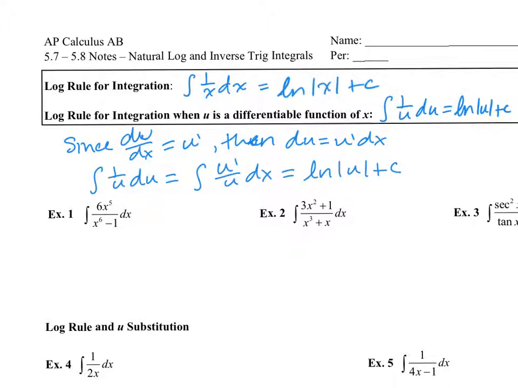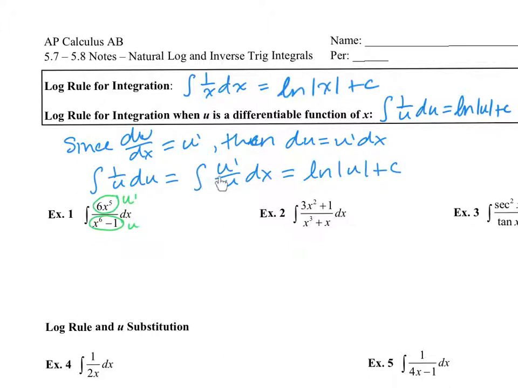Let's take a look at example number 1, where our denominator is x to the 6th minus 1. Let's call that u. If you take the derivative of x to the 6th minus 1, you're going to get 6x to the 5th. So the numerator is u prime, and it fits this pattern.